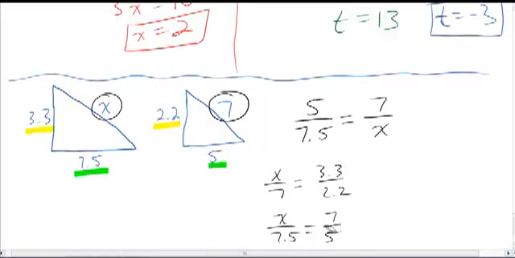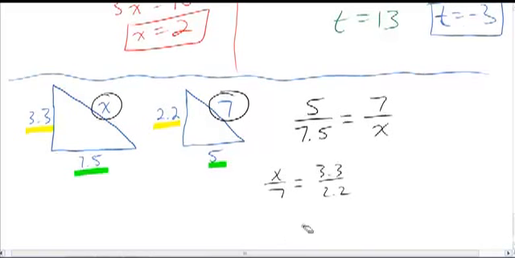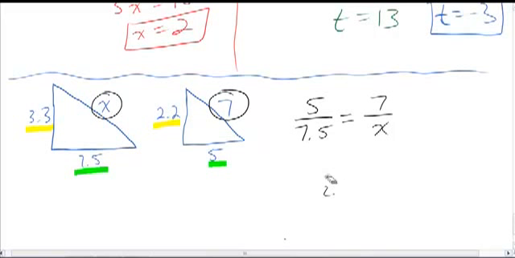Let me get rid of these extra things here. Alright, so cross multiplying we get 5x equals 7.5 times 7 is 52.5, I believe. I hope so. We'll find out in a second if this number works out to be the right answer.